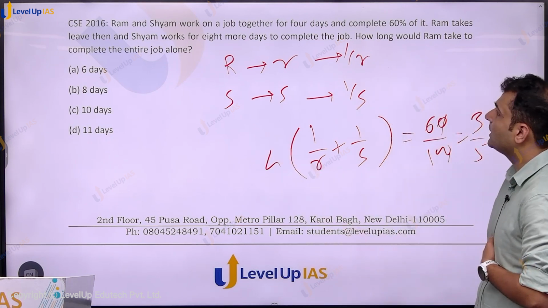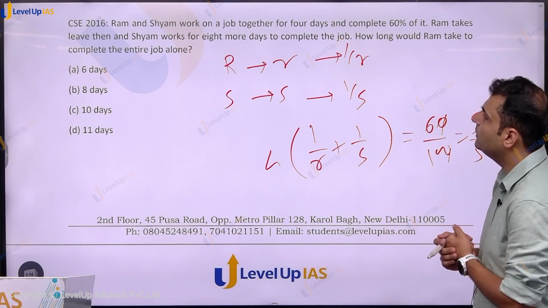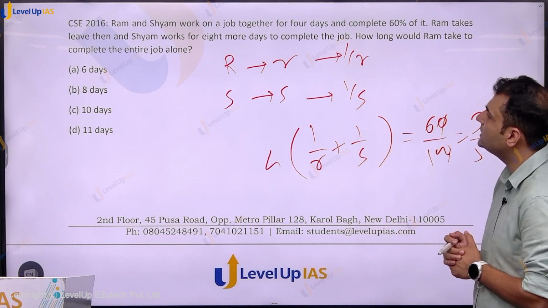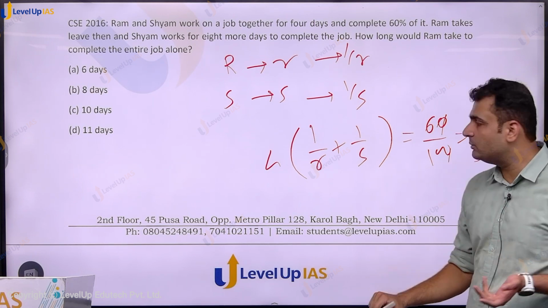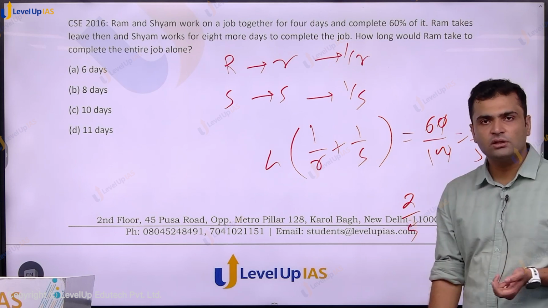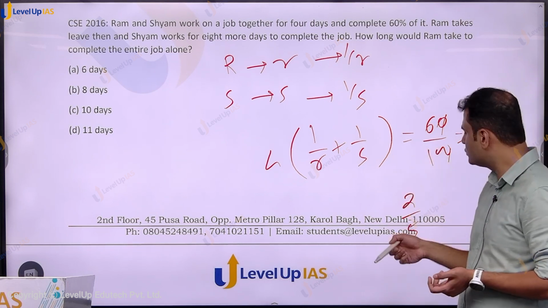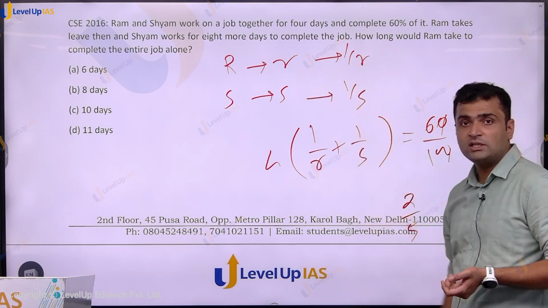Next, what they are saying: Ram takes leave after completing 60% of the work, and then Sham works for 8 more days to finish the job. So this is how much work they complete. How much work is remaining? 2 by 5 work is remaining. They will finish 3 by 5 work, or 60% work. So 2 by 5 work is done alone by Sham.